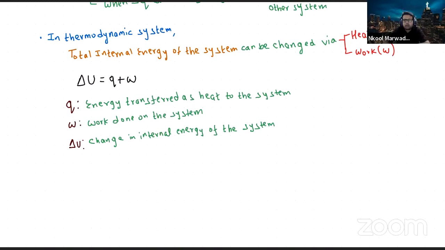Now let us look at signs of W and Q. We can have a positive sign, we can have a negative. Whenever energy is transferred to the system or work is done on the system, then it is positive.